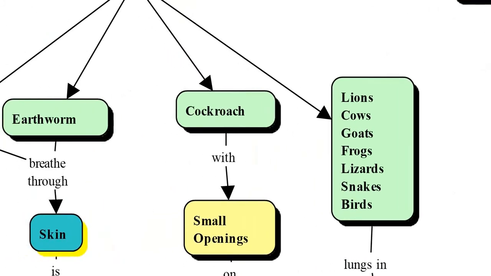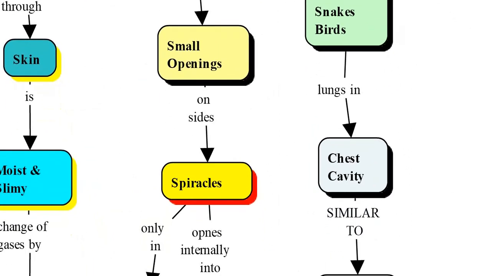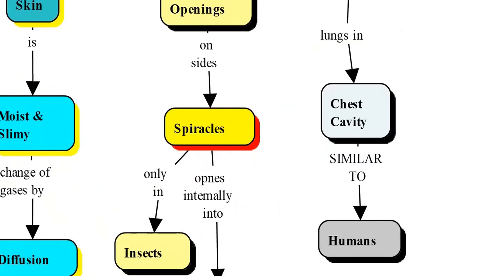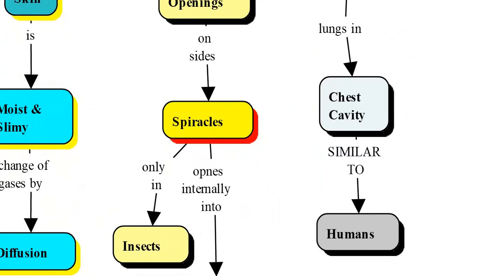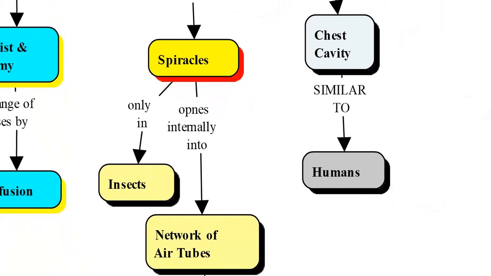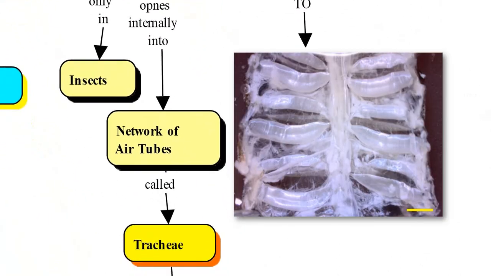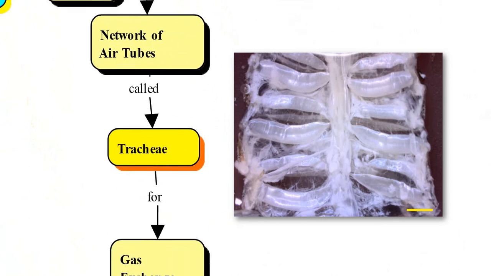Now we'll go to cockroach. Cockroach has small openings on the side, which are called spiracles. Spiracles are only in insects. Spiracles open internally into a network of air tubes called trachea for gas exchange.